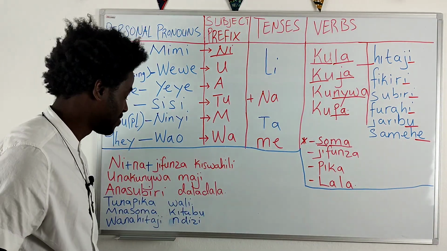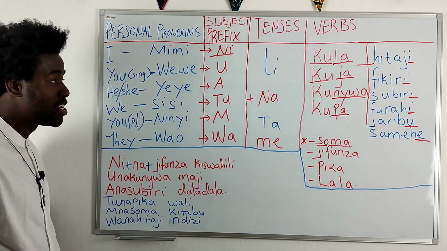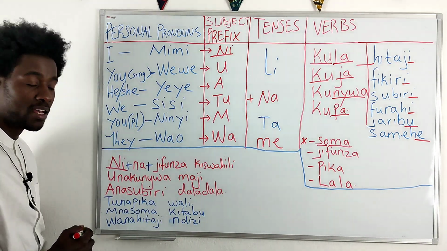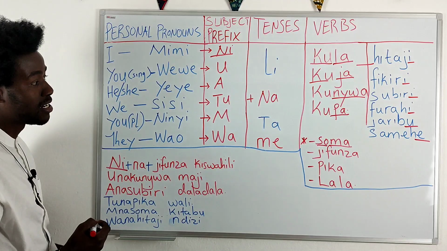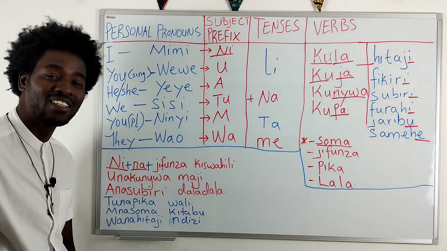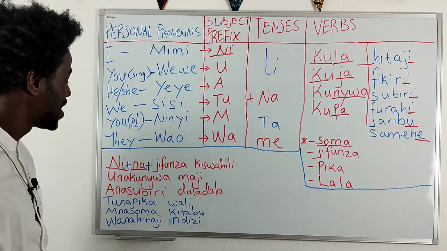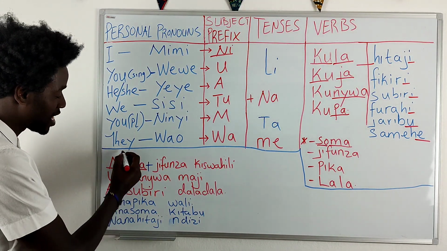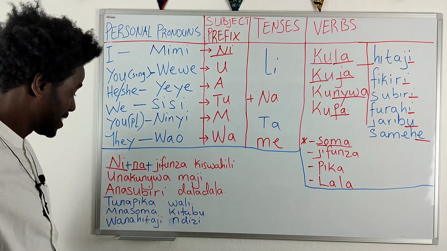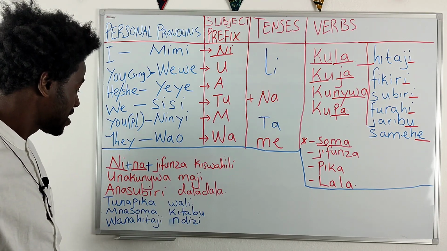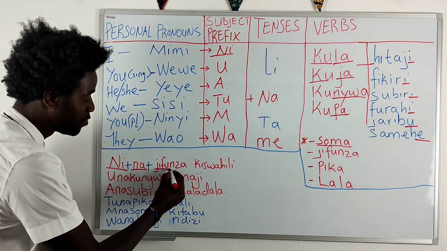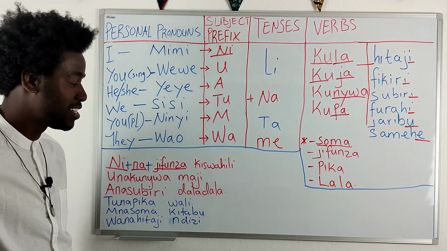Let's try and see. For example, ni. Use ni plus tense. And what is na? This is present tense. So here we are going to construct a present tense sentence. And then plus the word jifunza. Jifunza, this is learn.